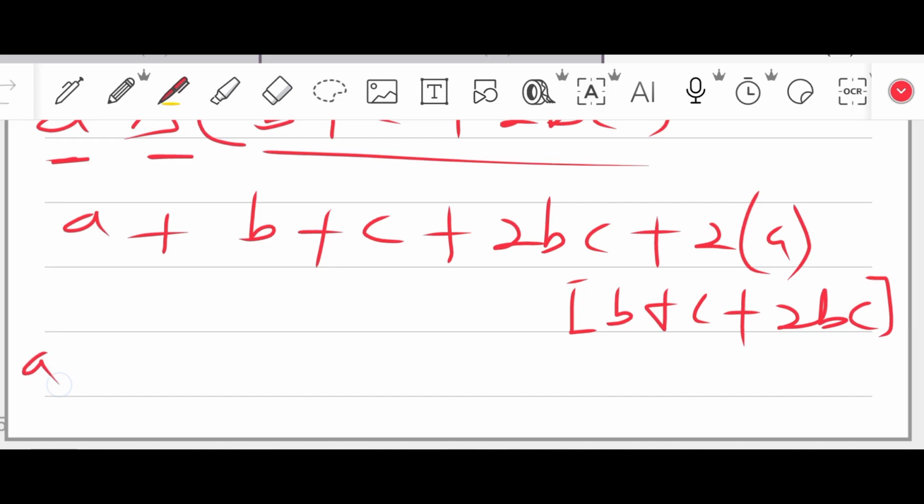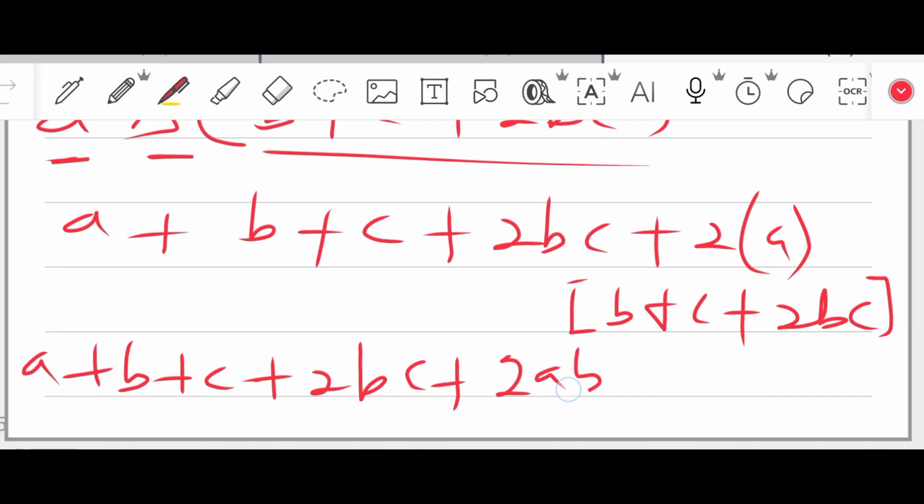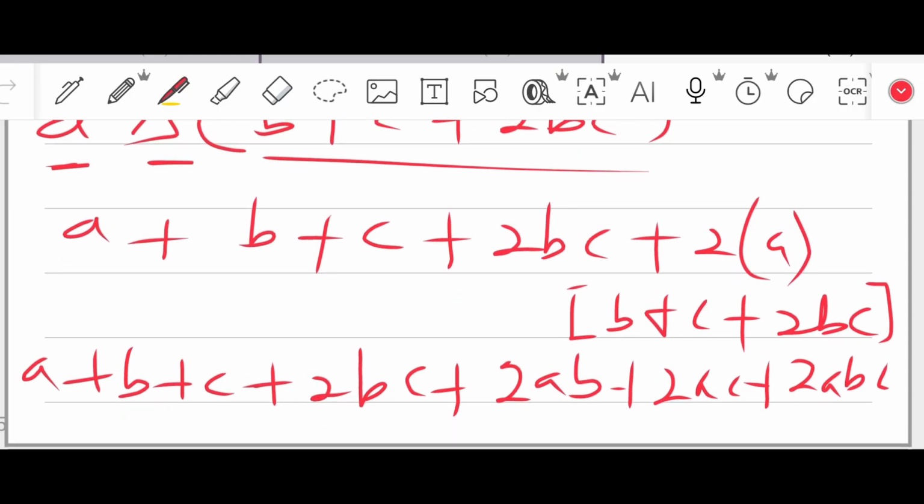We have A plus B plus C plus 2BC plus 2AB plus 2AC plus 2ABC.